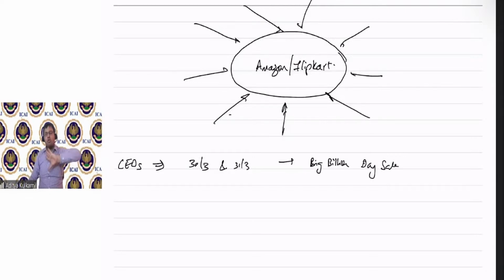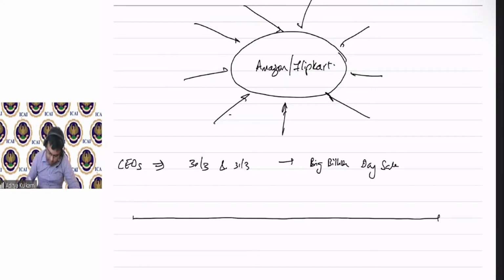You have crores and billions of orders which come and fall on Amazon and Flipkart. Now, Amazon and Flipkart sell, and the invoices are generated on 30th March, 31st March. Please understand carefully. This is going to be very interesting.